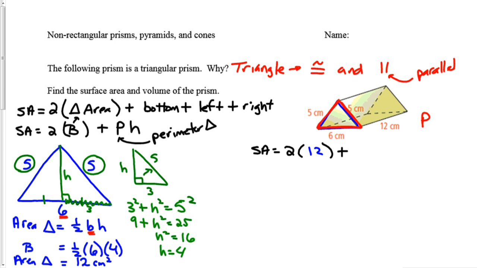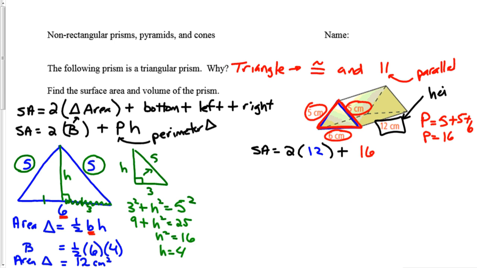So my perimeter is going to be 5 plus 5 plus 6. So my perimeter is going to be 16. And then I need to multiply by the height. And the height is actually the height of the prism. And the height of the prism is right here. That's the distance between the bases.